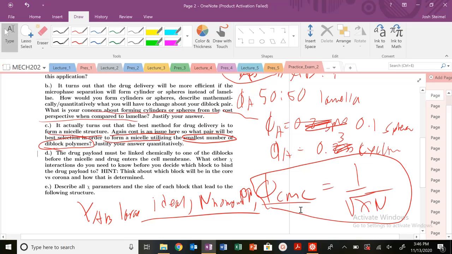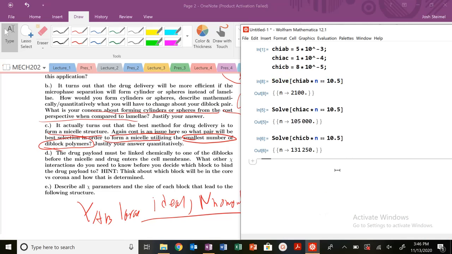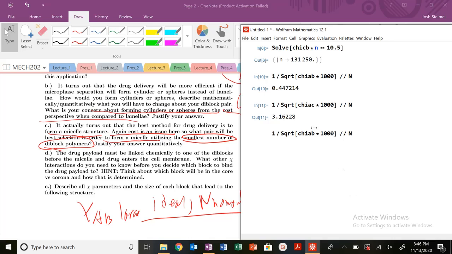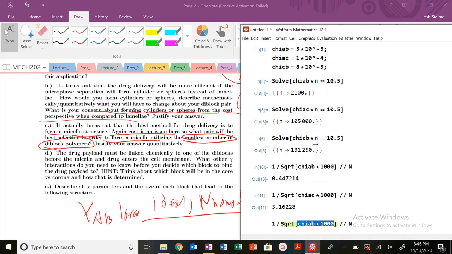Let's see the CMC. 1 divided by square root of chi AB times, let's say, 1,000. This would be my critical micelle concentration, volume fraction. Then we do it for chi AC. You see that increases quite a bit, and it gets pretty unbelievable here.